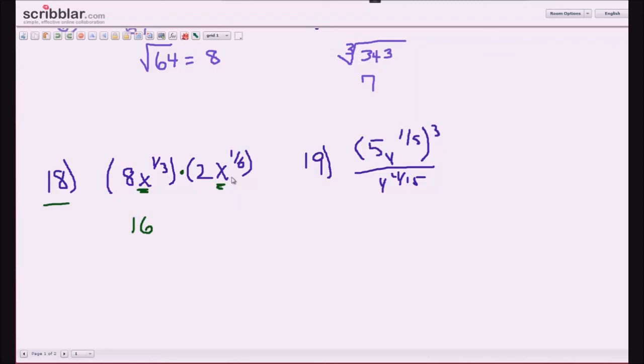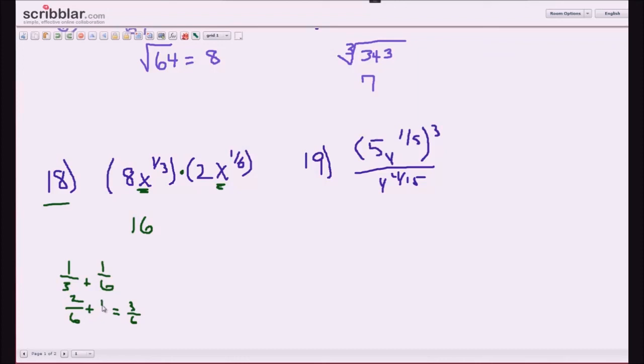So 1/3 and 1/6. Oh geez, 1/3 plus 1/6. Well, common denominator would be 6. So that's 2 over 6 plus 1 over 6, which is 3 over 6.